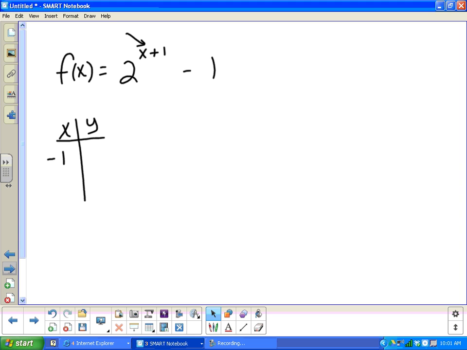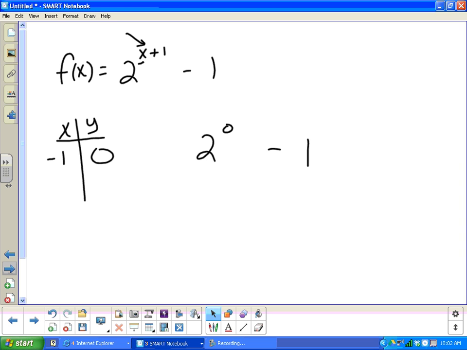What value of x would turn the exponent into 0? Negative 1, because negative 1 plus 1 would give me 0. And so then I would have 2 to the 0 power minus 1. What's 2 to the 0 power going to give me? 1. And then 1 minus 1 would just be 0.